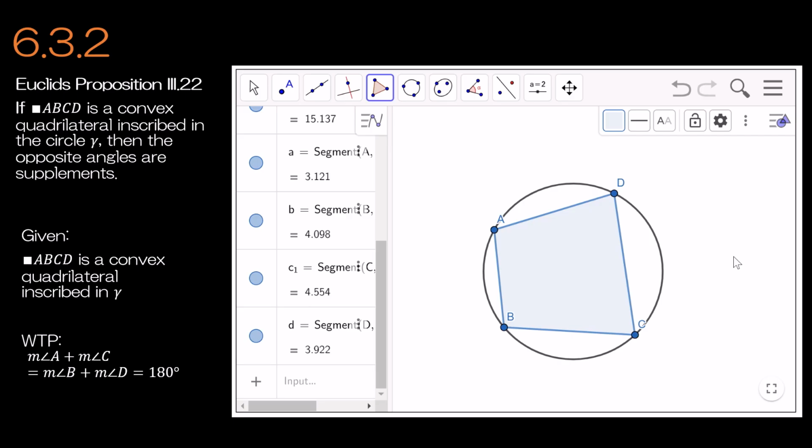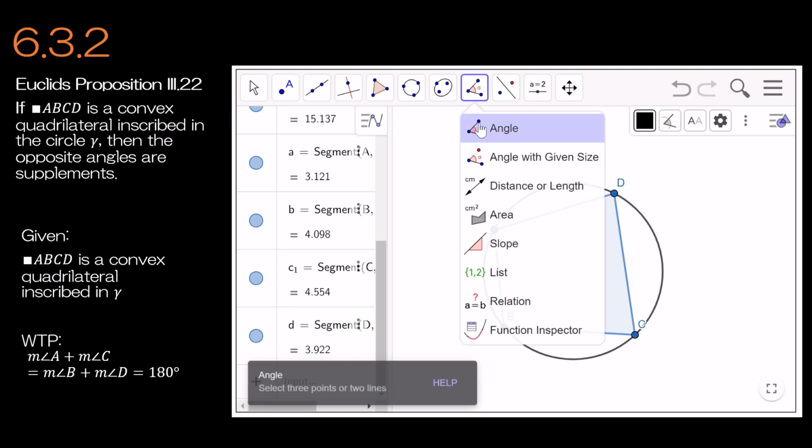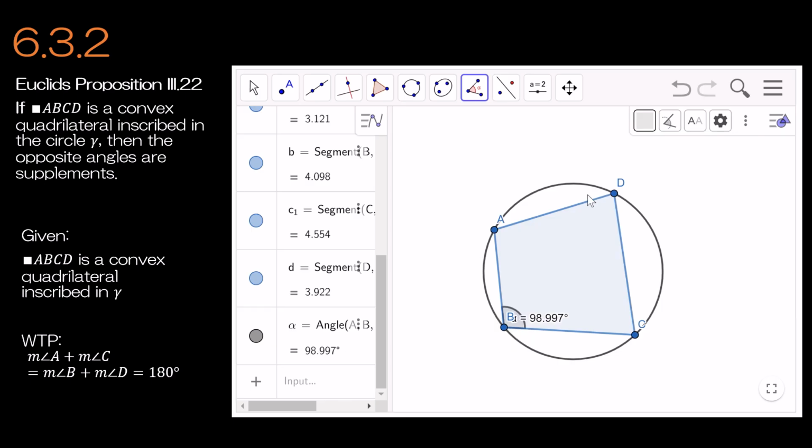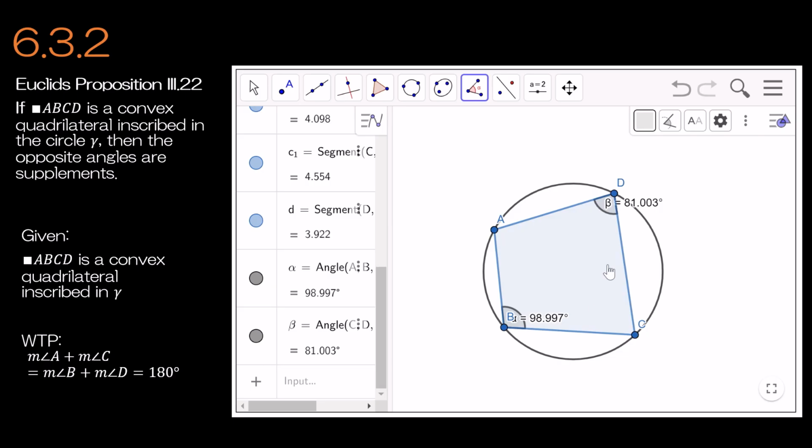We are trying to prove that the measure of angle ABC, which is this angle down here, so let's go ahead and measure the angle ABC, and we're going to make that 0 to 180, and the measure of angle CDA, that if I add those together, I get 180.